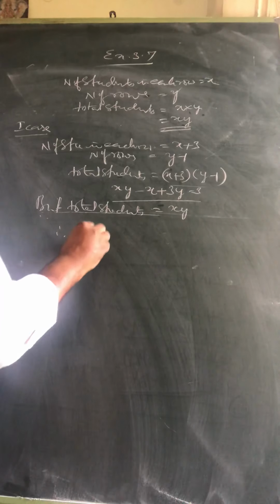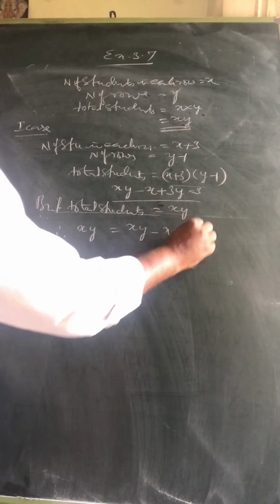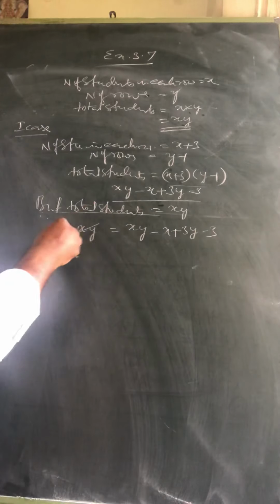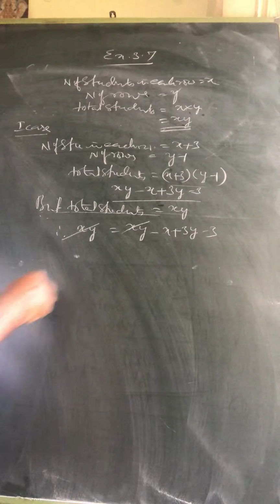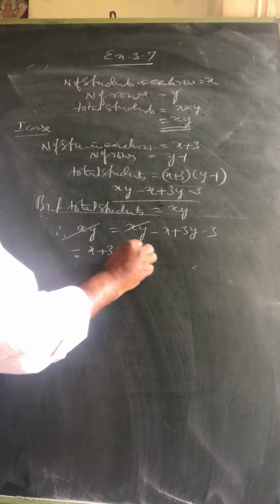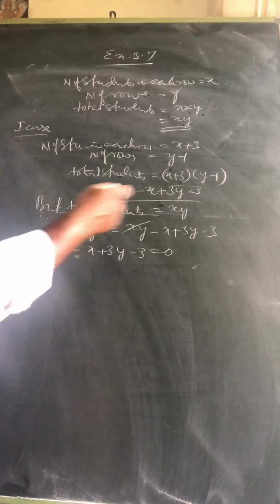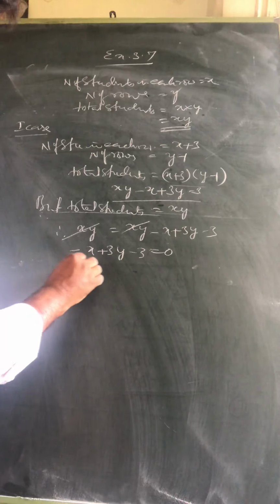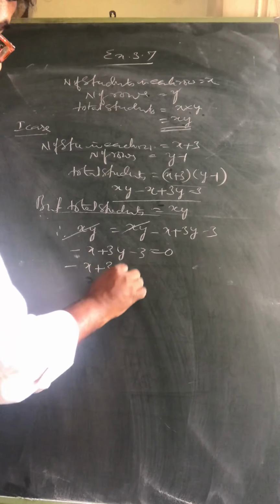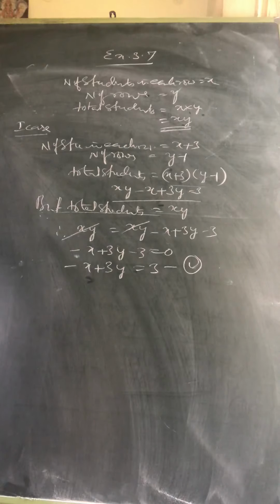Therefore, xy is equal to xy minus x plus 3y minus 3. So xy cancels. Then minus x plus 3y minus 3 is equal to 0. We want to make it as an equation: minus x plus 3y is equal to 3, first equation. Okay?